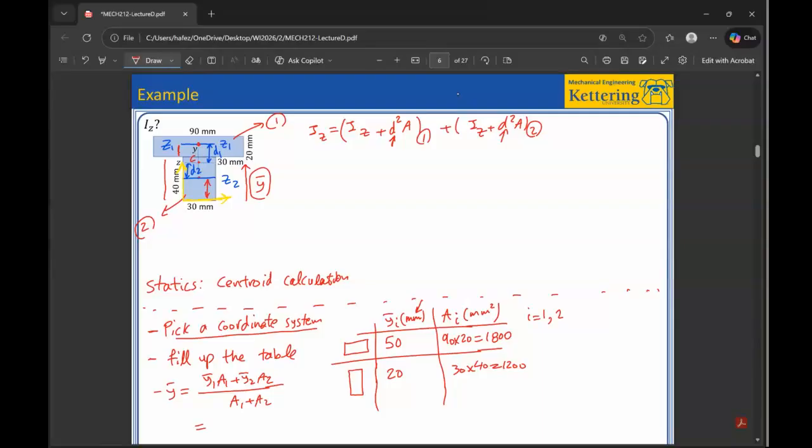So in this case, it would be 50 times 1800 plus 20 times 1200 divided by the summation of the two areas. So this gives me 38. The unit is in millimeter. We went with milli everywhere. So really, from this point on, it is 38 millimeters.